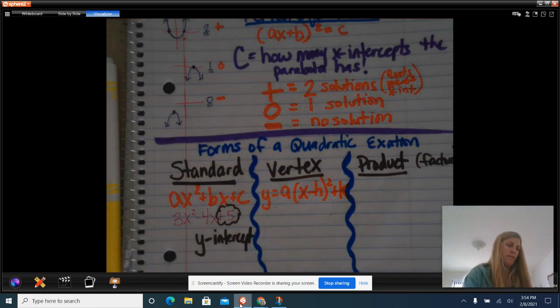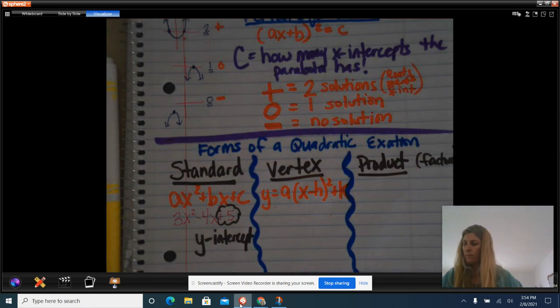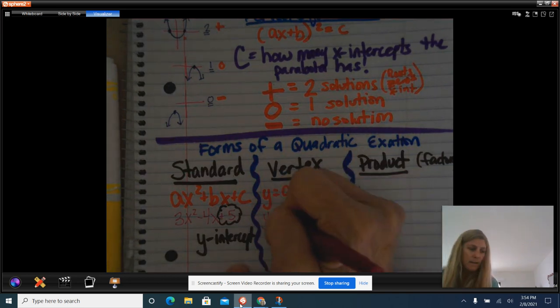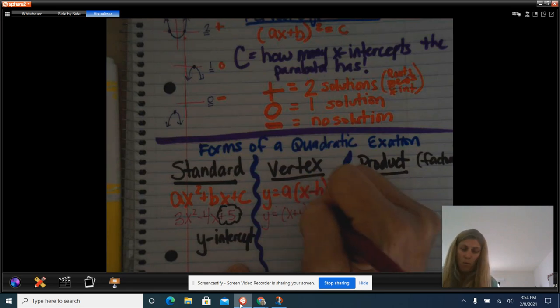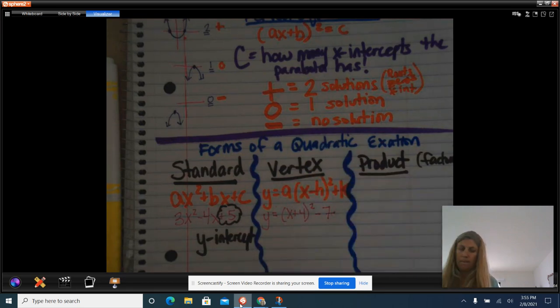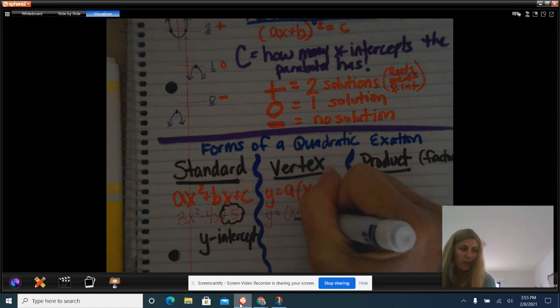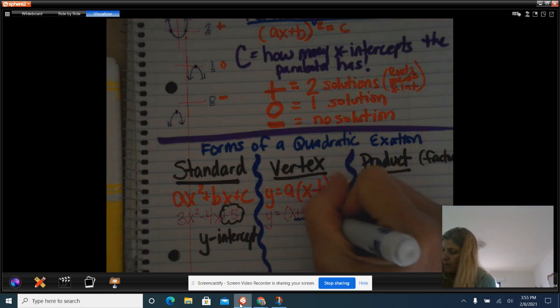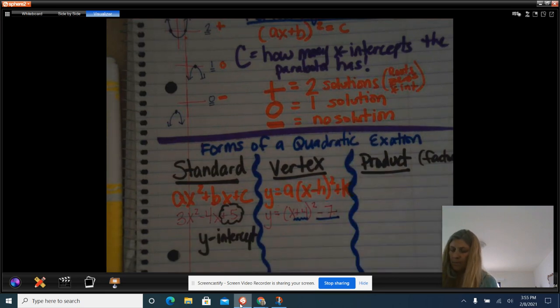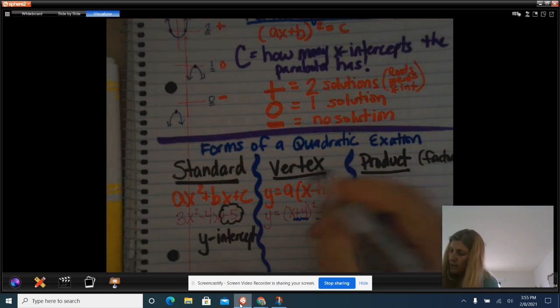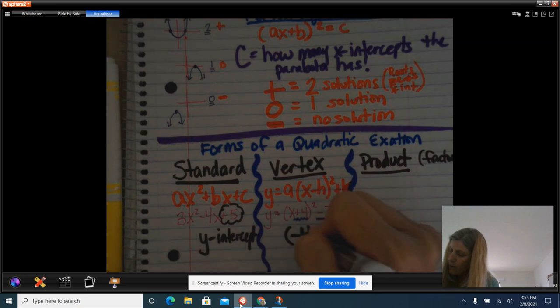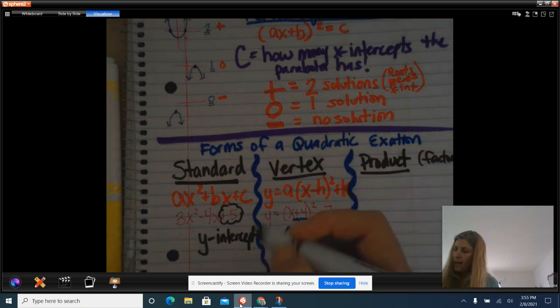An example of that is y is equal to (x plus 4) squared minus 7. Now, we know that we take the opposite of the number on the inside and the number exactly on the outside, and that is our vertex. So (-4, -7) in this case, and this tells us the vertex.